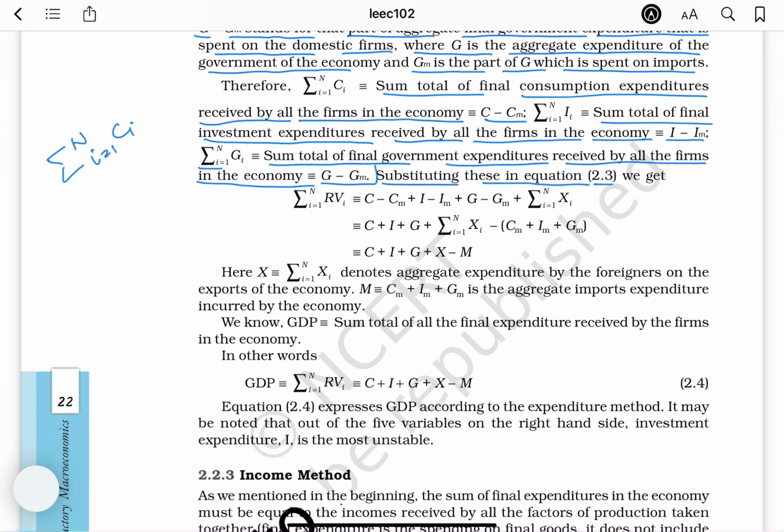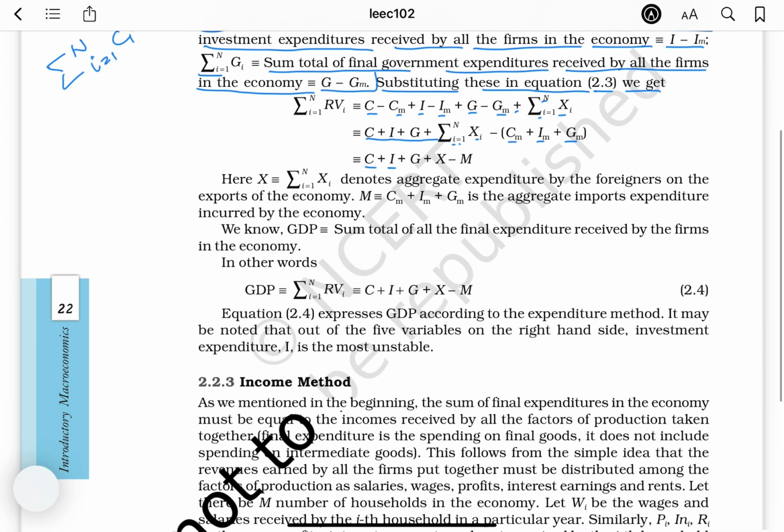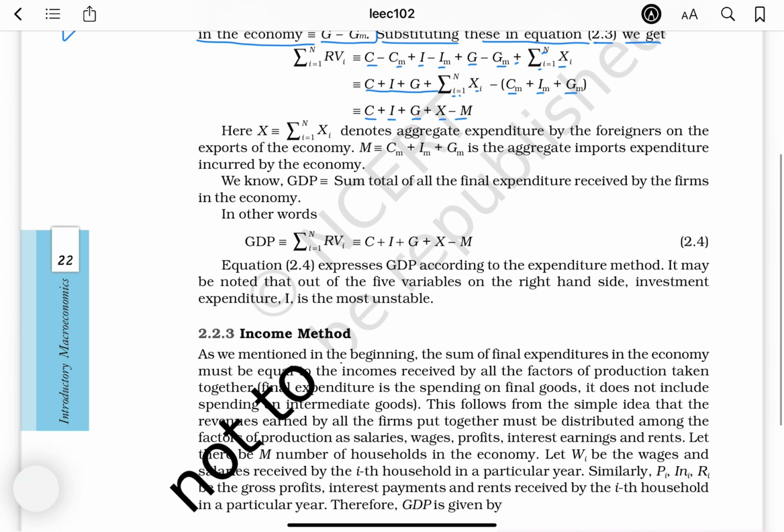Substituting these in equation 2.3 we get sigma i equals 1 to n of RVi equals C minus Cm plus I minus Im plus G minus Gm plus sigma i equals 1 to n of Xi, which equals C plus I plus G plus X minus M, where X equals sigma i equals 1 to n of Xi denotes aggregate expenditure by the foreigners on the exports of the economy.